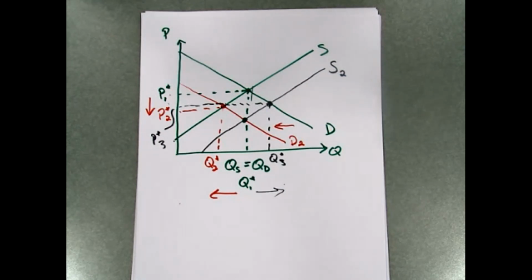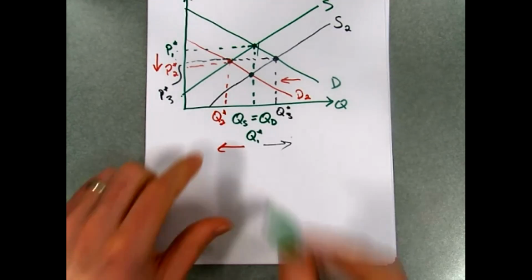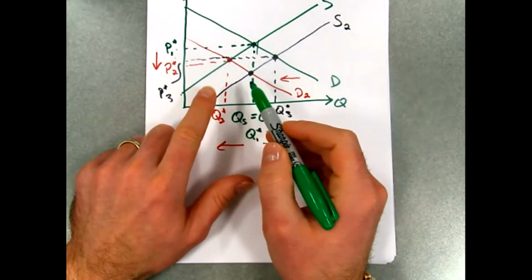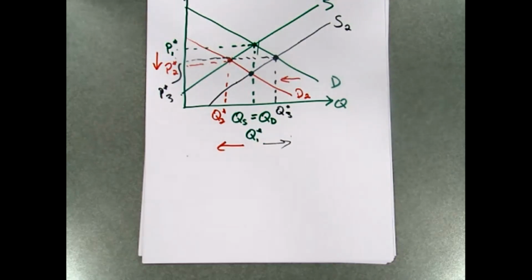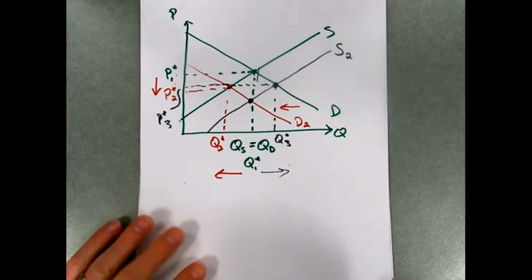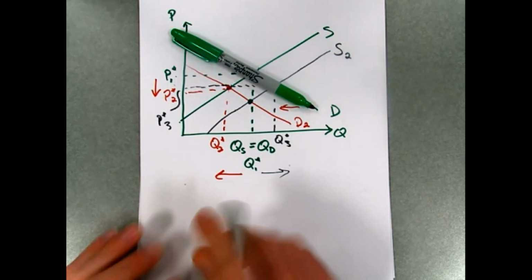So the way I always try to think about simultaneous shifts is write down what each shift would do, because sometimes we have an indeterminate answer, right? It depends on the relative size of the shifts whether quantity is going to go up, down, or even stay the same. Okay? So I would start out doing something like this. We originally did that demand decrease.